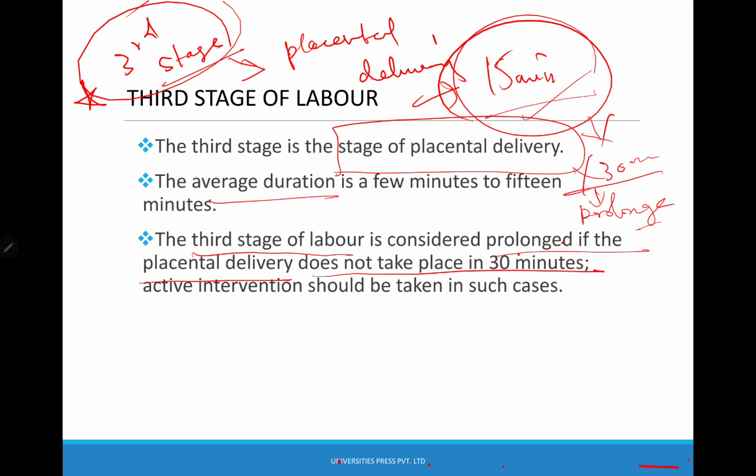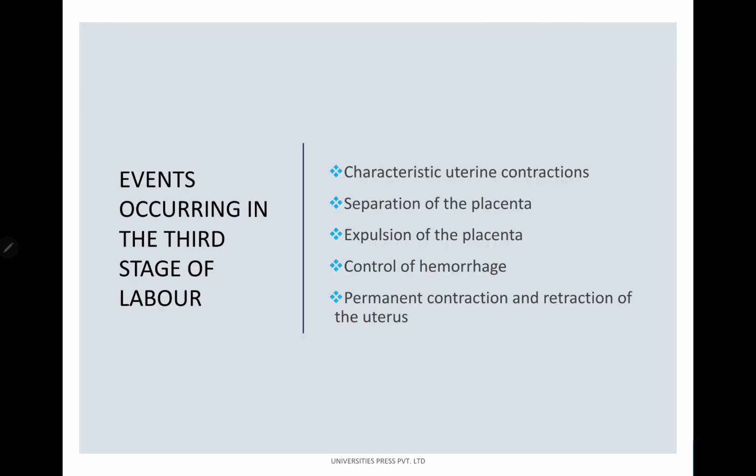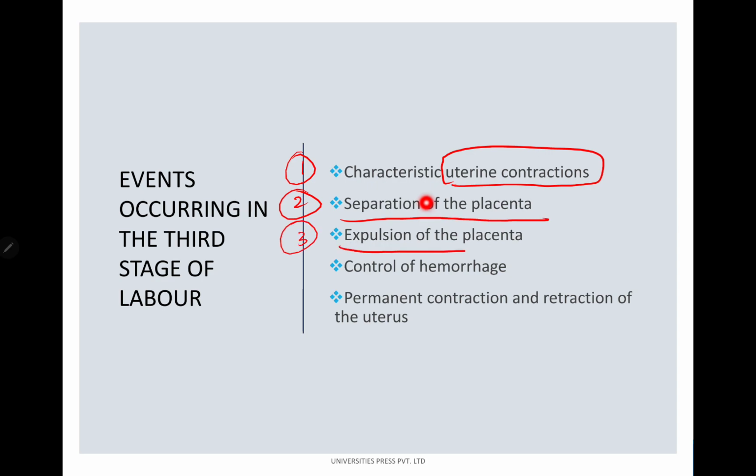It should occur within 30 minutes, mostly 15 minutes itself. The placenta will be delivered. So events occurring in the third stage of labor: first event is characteristic uterine contraction. Second event is separation of the placenta. Third event is expulsion of the placenta. First separation will occur and after separation only expulsion occurs. Fourth, control of hemorrhage.